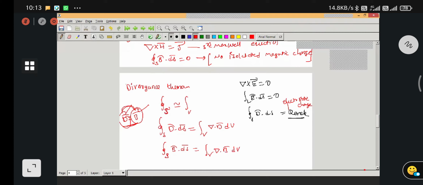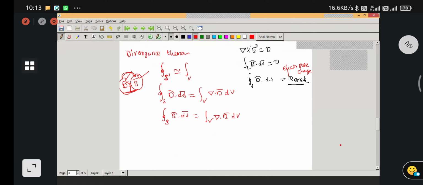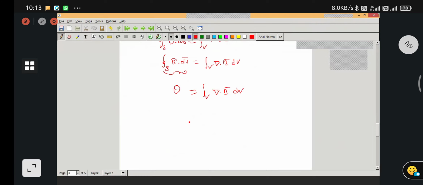Please listen carefully. The closed surface integral is equal to 0, as we discussed above. So the volume integral of del dot B dV is 0. This is nothing but del dot B equal to 0.